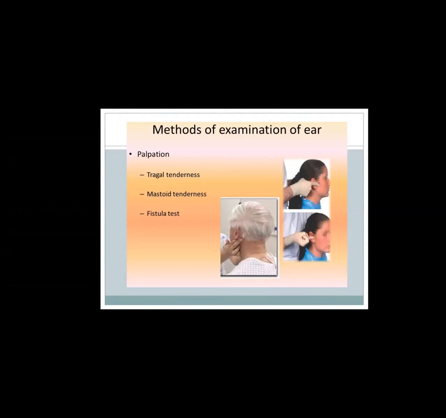If a patient has CSOM, so discharging here, where do the discharges come from? The small air sacs in the mastoid. This area I told you is a bone, the mastoid bone, which has small air cells. Because of the organism from outside, they discharge.